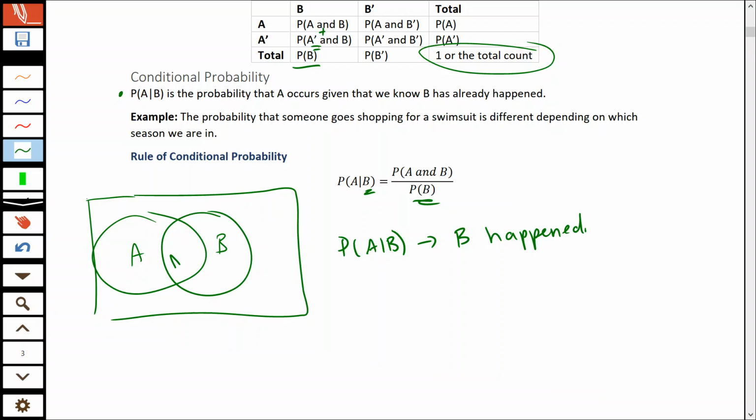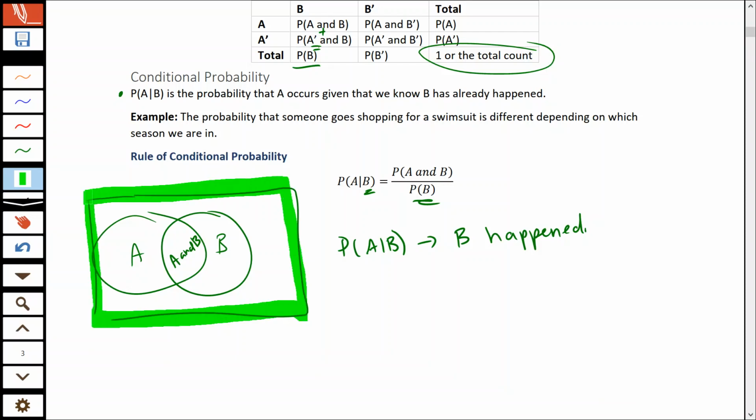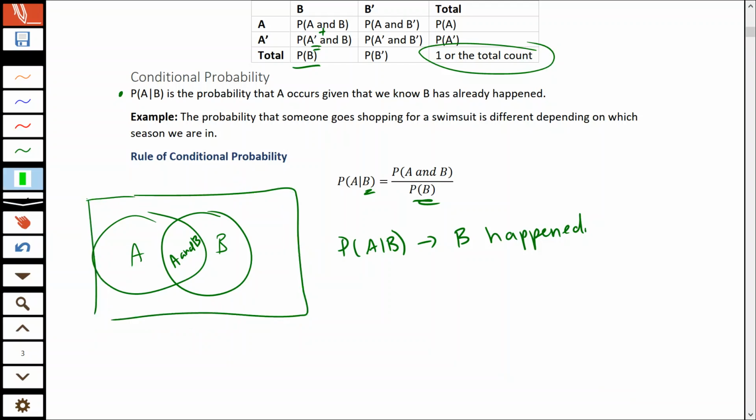And so what we're talking about there is that the entire problem is no longer out of 100%, right? The original problem would have been out of this whole space, and that space would have been 100%. But now we're saying, well, B happened. We already know that we landed somewhere in the circle of B. And so if I want to know the chance that A has happened, given that I'm in that B circle, well, I know I'm limited to that bright green circle.